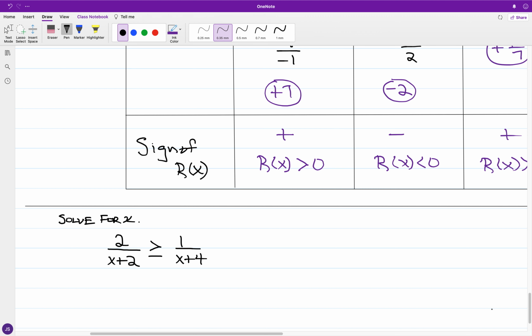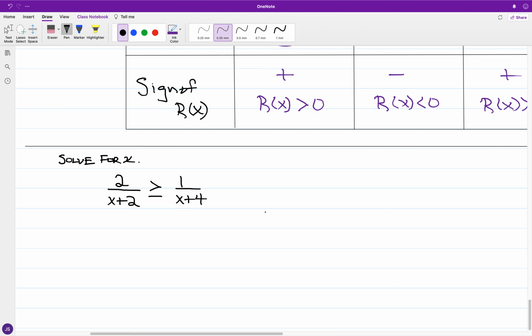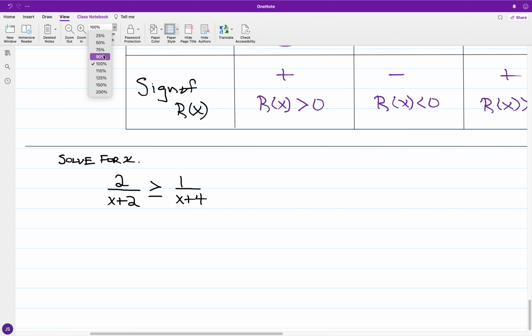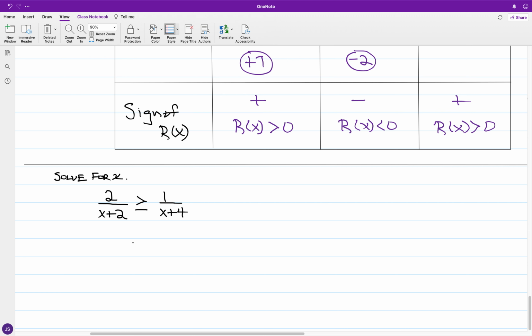Now, if I rewrite this as a comparison to 0 inequality, I move the fraction on the right over by subtracting, so we have 2 over x plus 2 minus 1 over x plus 4 is greater than or equal to 0.